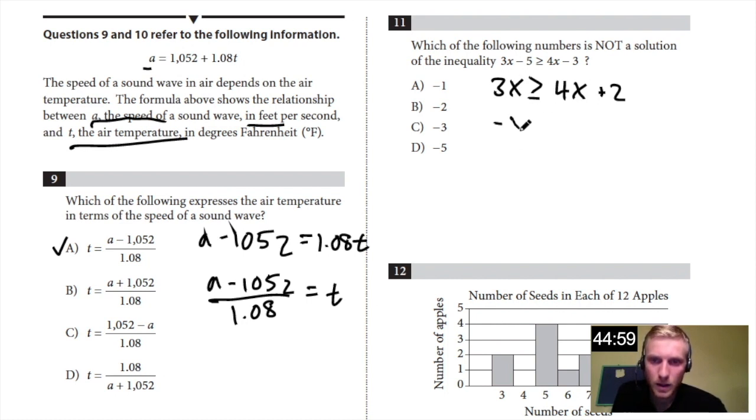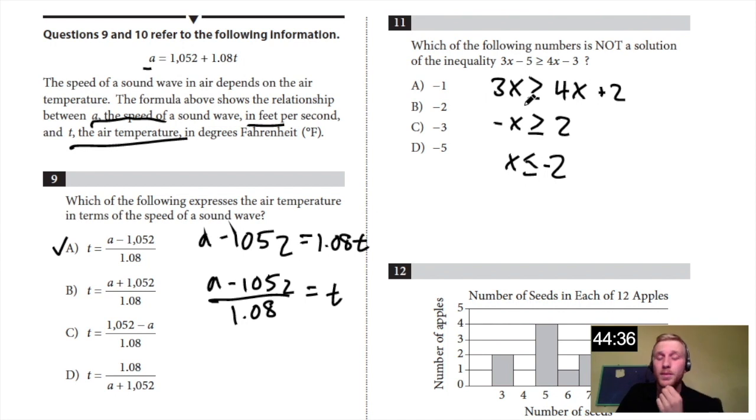We can say negative x is greater than or equal to 2. So we can multiply both sides by negative 1 to get a positive value of x here. So we can say x, and this is a little tricky, so I'll explain it. In other words, x is less than or equal to negative 2.